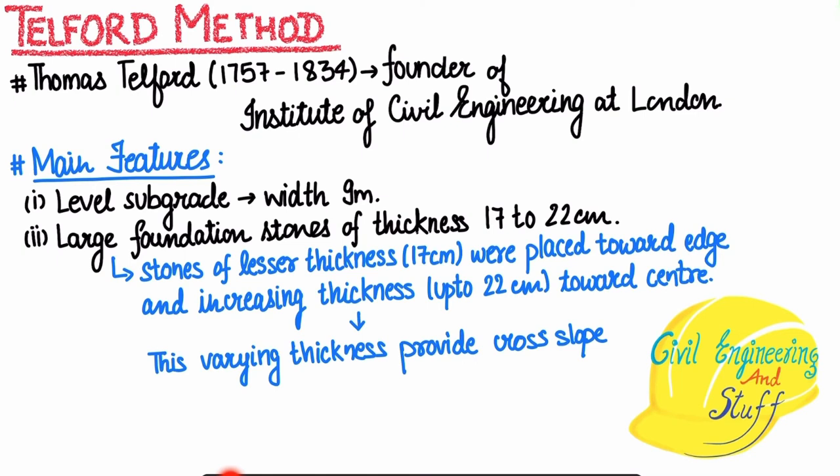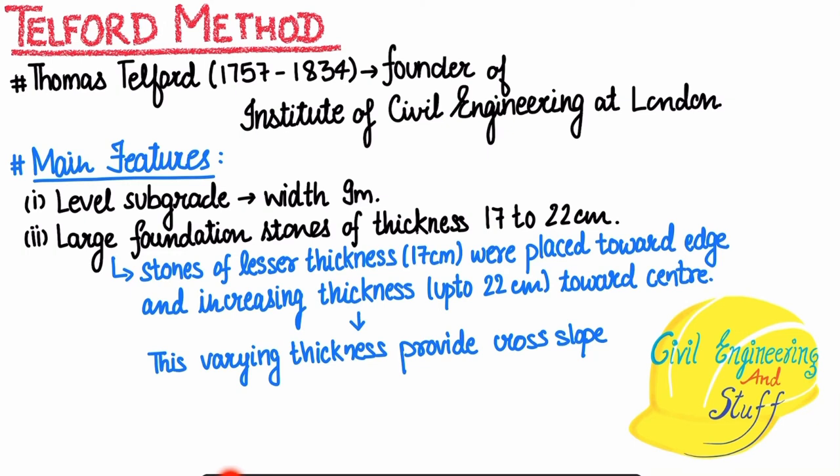Here in the foundation, two different sizes of stones were used, 17 centimeters and 22 centimeters. The stones of lesser size, that is 17 centimeter, were placed toward the edge, and stones of higher dimensions were used toward the center.